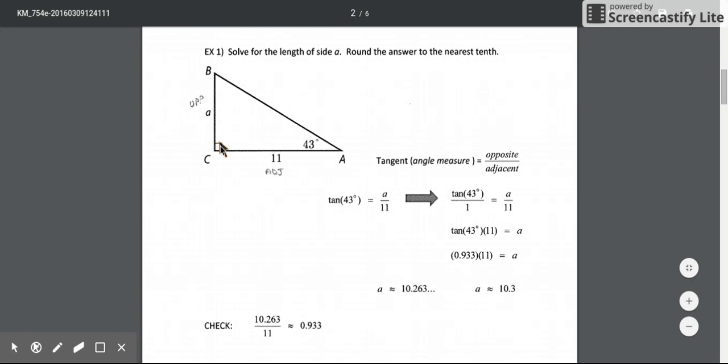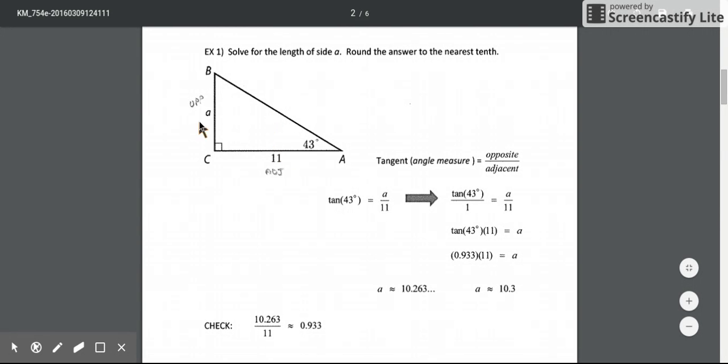So angle measurements are determining side lengths. And this side length, or this height right here, would also be determined by this side length over here. Because if this was shorter, then this height would be shorter.